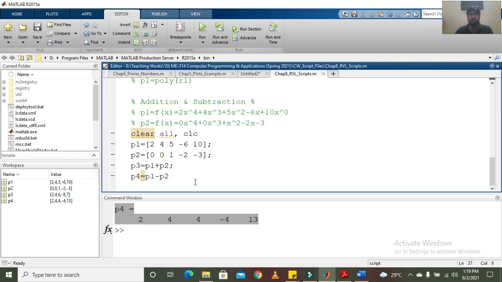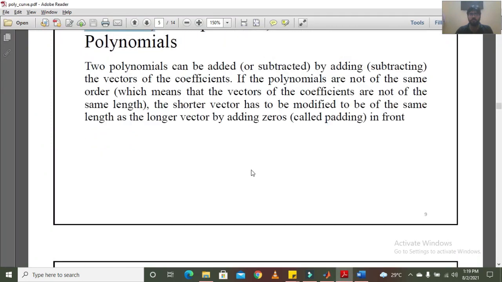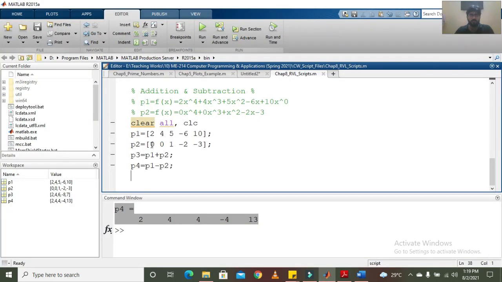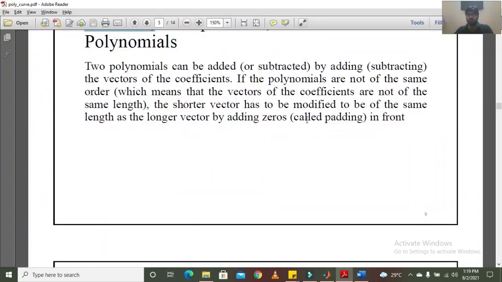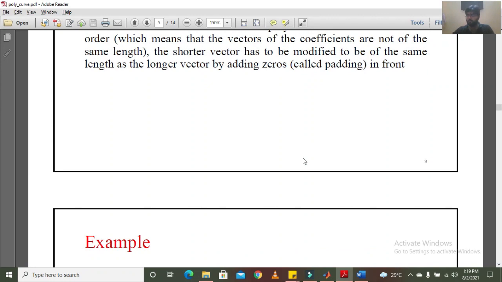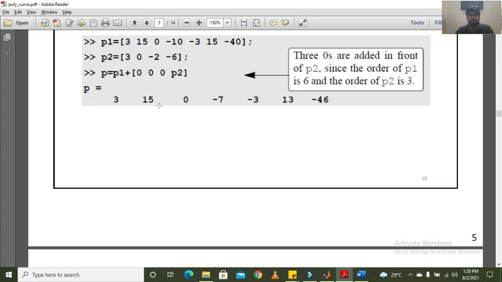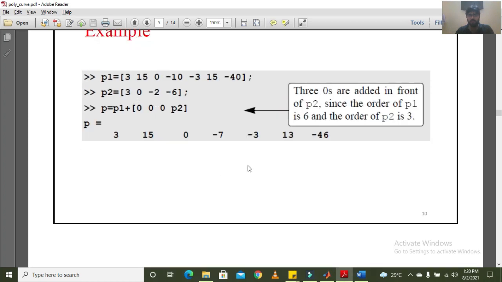So I hope it is clear to all of you. And this addition of zeros over here is basically called padding. An example has also been attached, which you can solve when you are practicing it.